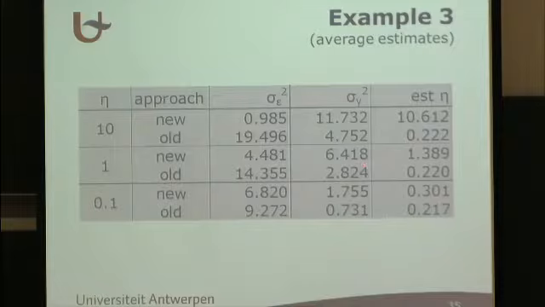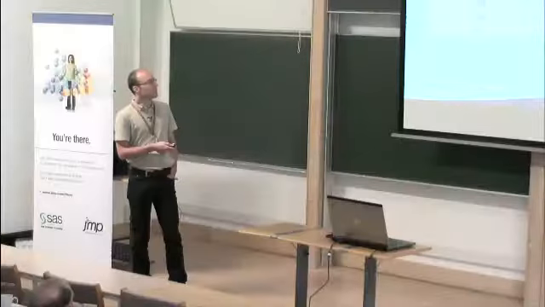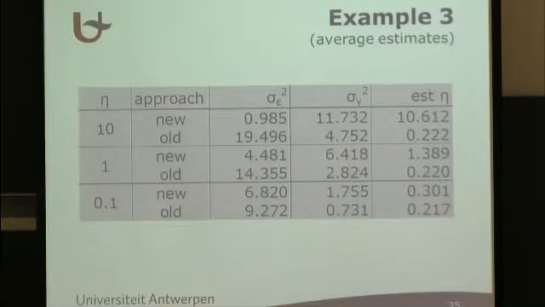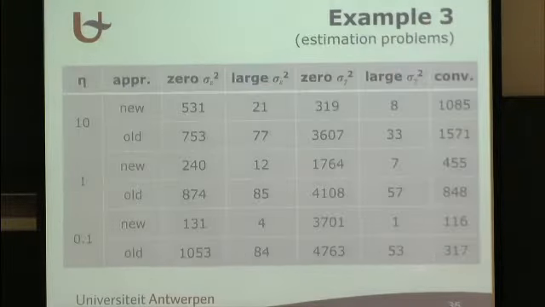And we can again see that the old design does badly when it comes to estimating the variance ratio eta. So that's some of the results that we got for this example that shows the usefulness of this new criterion that takes into account variance component estimation when constructing designs.